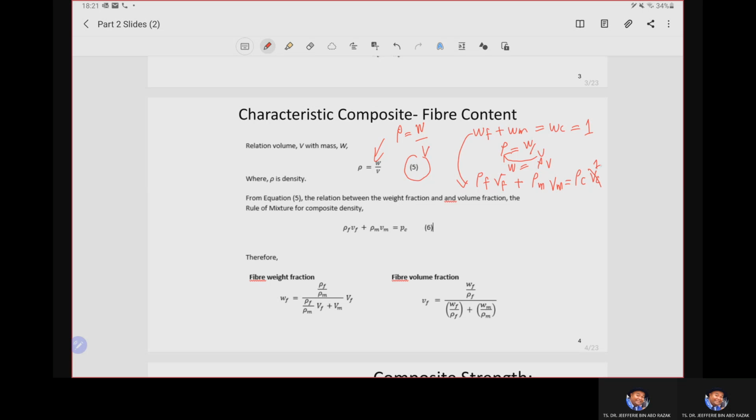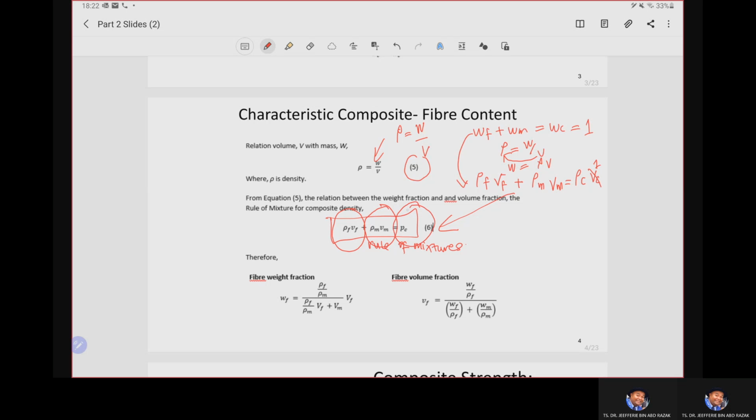Okay, this is 1. So we have the basic equation, which we can call the rule of mixture equation. The combination of the fiber part with the matrix part will produce the density of the overall composite.